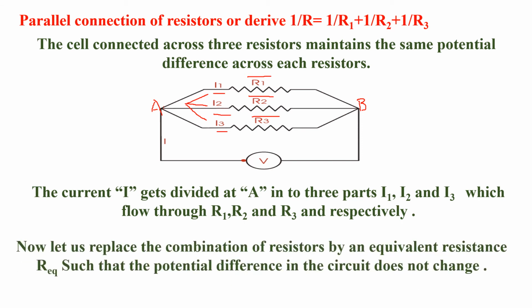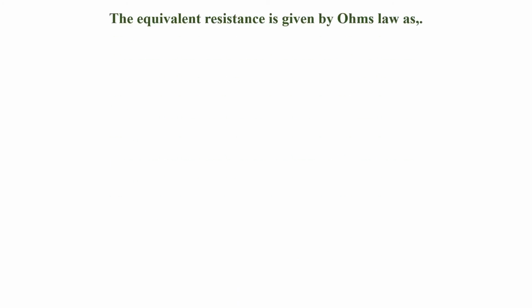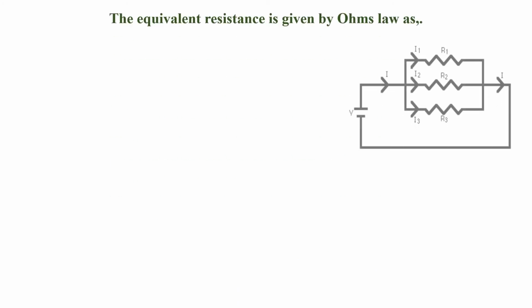So, now let us replace the combination of resistors by an equivalent resistance Req, such that the potential difference in the circuit does not change. So, we have to take the equivalent resistance as Req, so that the potential difference does not change, Nana. Now, let us go further. So, the equivalent resistance according to Ohm's law, isn't it, Nana?